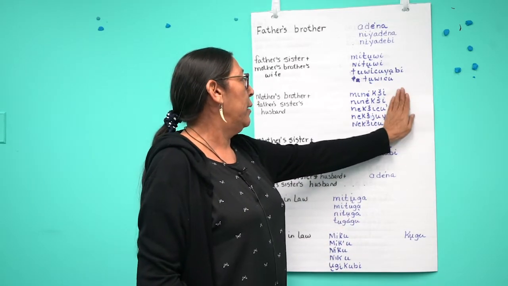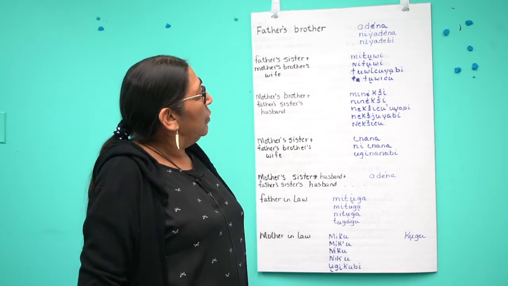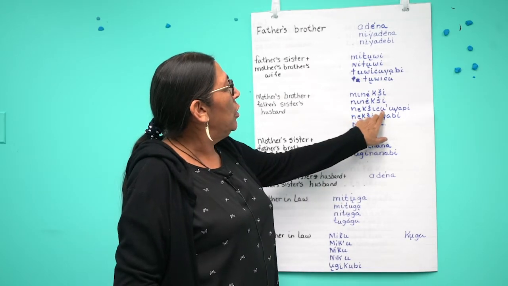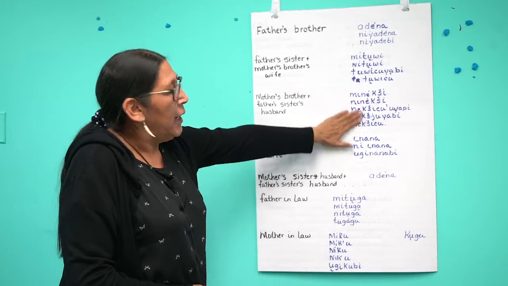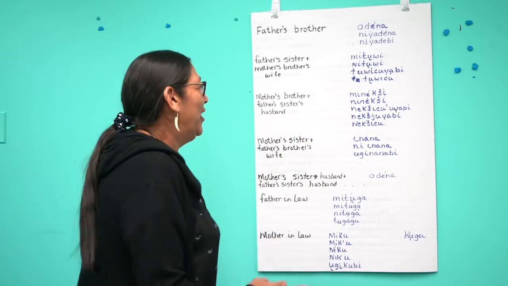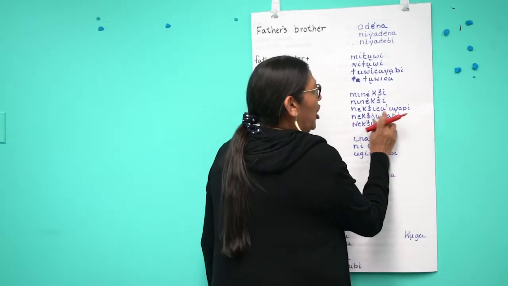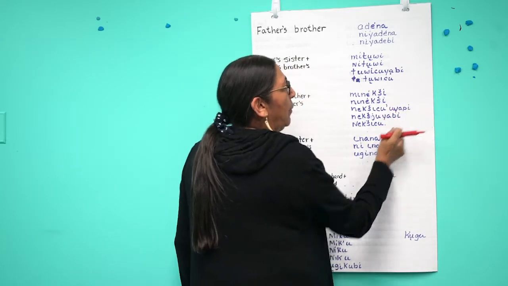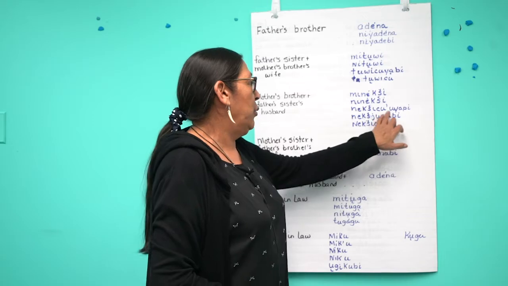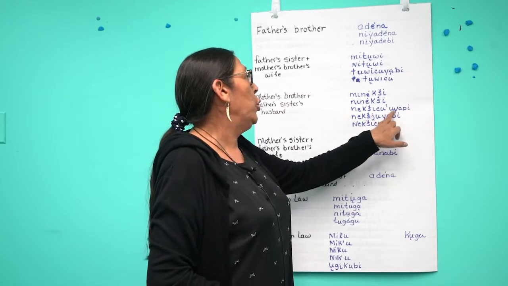There's a stop there. I kind of slaughtered those words. Nikshichu Uyabi. There we go. That's not nasalized. If it were nasalized it would have been different, but it's Nikshichu Uyabi.